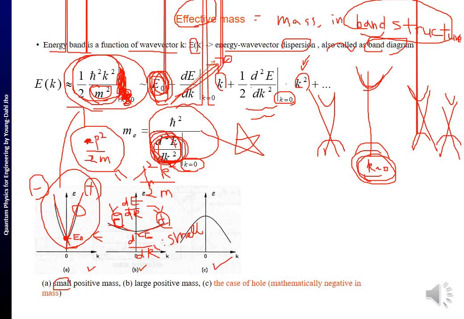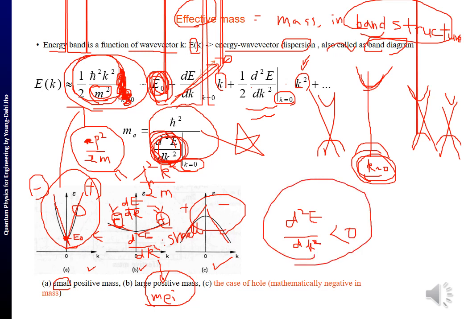If it is small, m_e, the mass, is large. In this case, if you take the derivative it is positive, and then negative, so the second derivative should be minus, right?